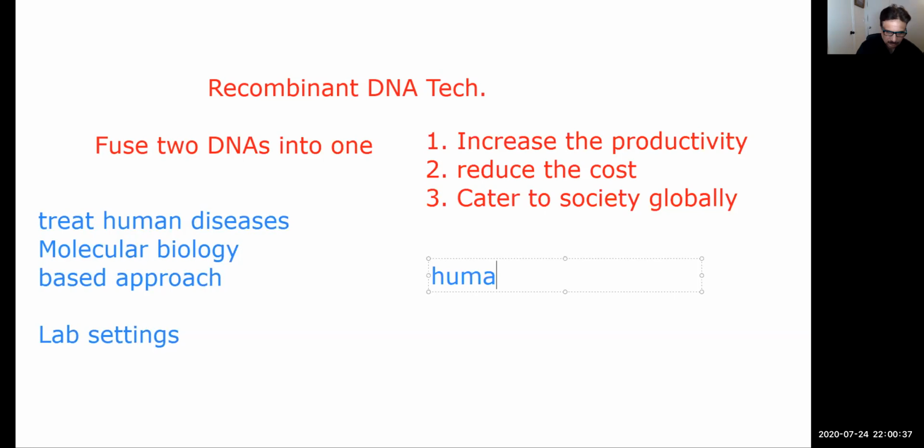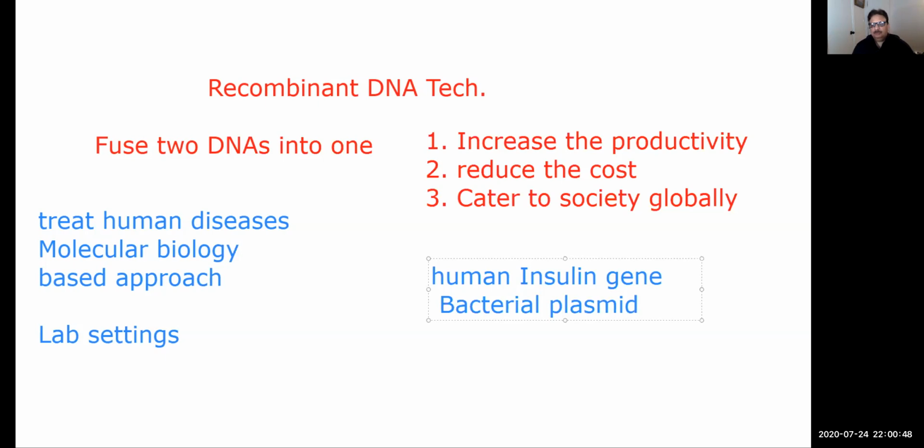These two DNAs could be a human insulin gene and a bacterial plasmid. Now, human insulin gene, why? Because we know that diabetes is highly prevalent now, and is starting from a very young age.